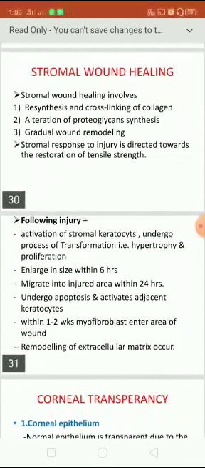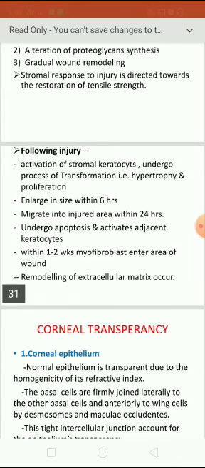Now we will see stromal wound healing. Stromal wound healing involves resynthesis and cross-linking of collagen, alteration of proteoglycan synthesis, and gradual wound remodeling, and the stromal response to injury is directed towards restoration of tensile strength.